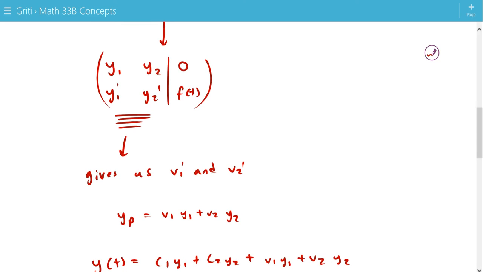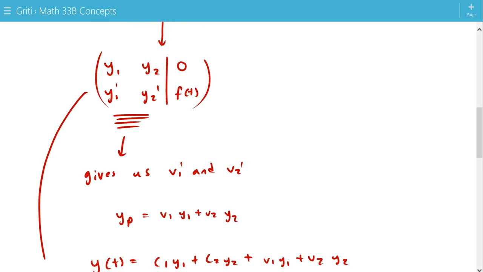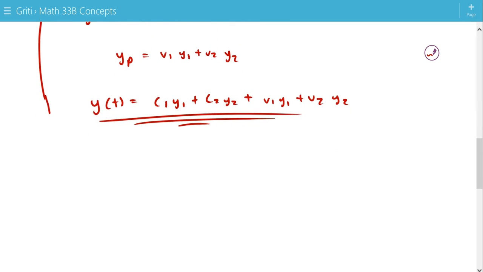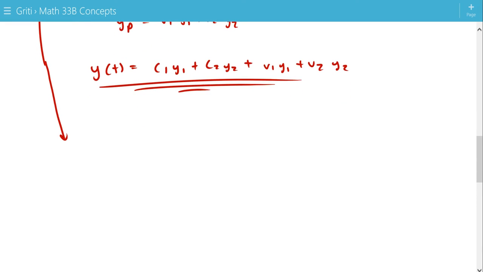We can go ahead and explicitly solve this to give us a formula for v1 and v2.